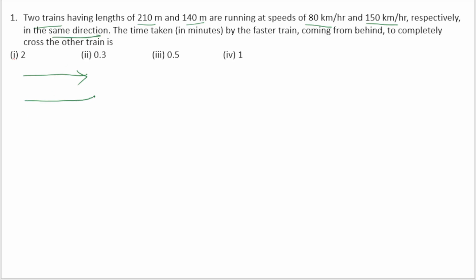We have to find the time taken by the faster train, the one with more speed, coming from behind to completely cross the other train.